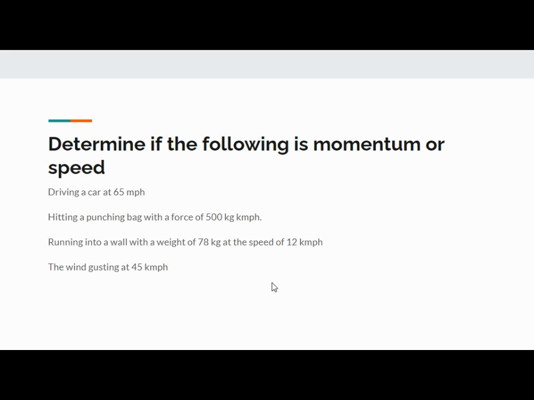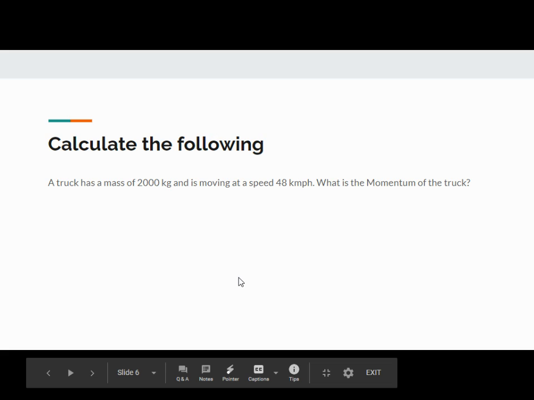That means we have both a mass and a speed that creates our force, so our momentum. Running into a wall with a mass of 76 kilograms at a speed of 12 kilometers per hour. So you're combining those together. Momentum is a combination of speed and weight. And the wind gusting at 45 kilometers per hour is just a speed.